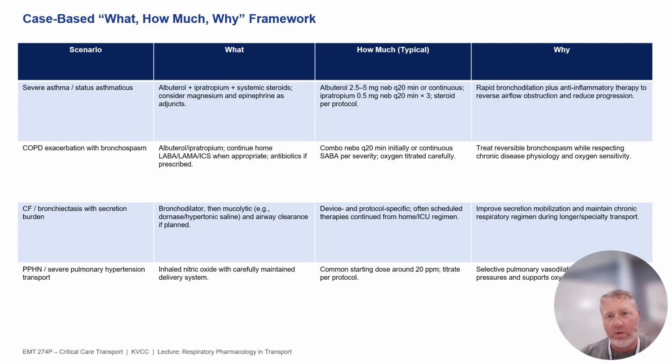And then for your PPHN patient on nitric, bring it back to the delivery system. What is it? How much is running? 20 parts per million, and think about why you should not just stop it or titrate it on your own, especially without a specific order.